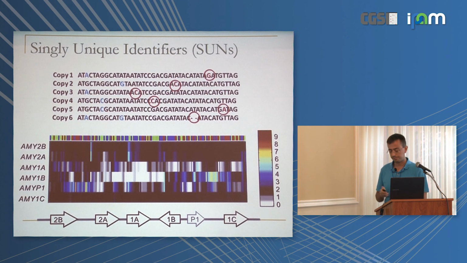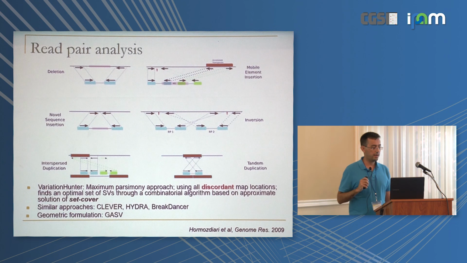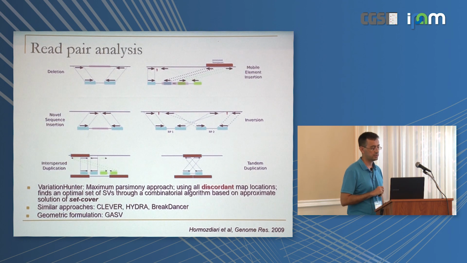So the second technique is read pair analysis. Again, we already talked about this. So if the reads are mapping in an unexpected way, it signals a structural variant. And we can formulate deletions, novel sequence insertions, transposon insertions, inversions, and duplications.